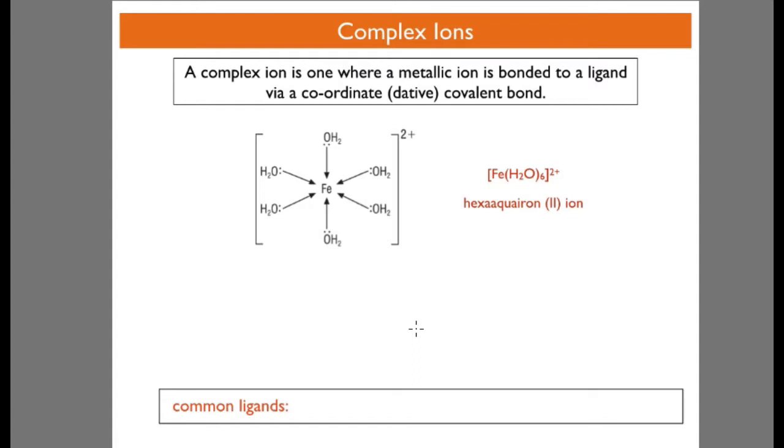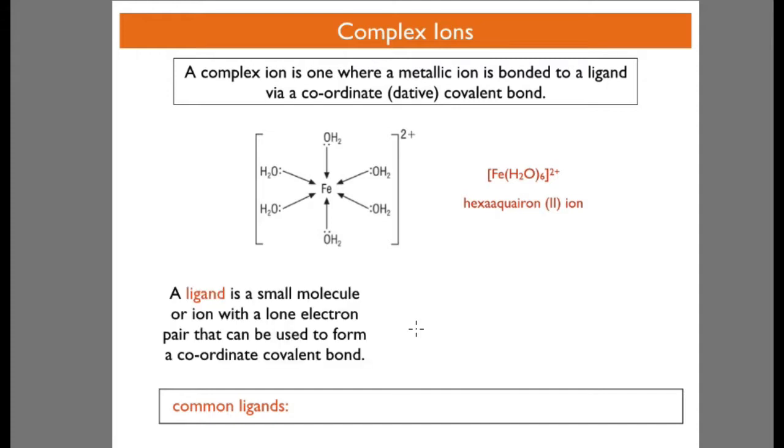So complex ions, we said transition metals form complex ions. What are these things? A complex ion is one where a metallic ion is bonded to a ligand via a coordinate dative covalent bond. And what does that mean? Well, a ligand is a small molecule or ion with a lone electron pair that can be used to form a coordinate covalent bond or a dative bond.